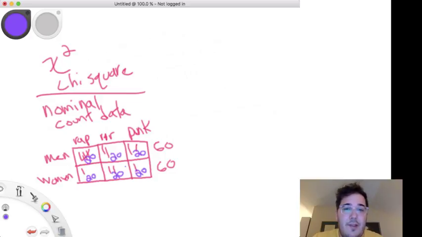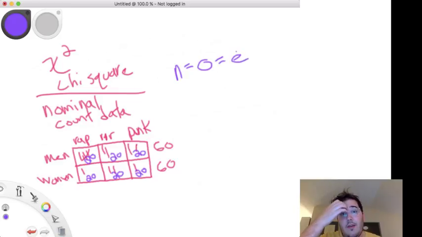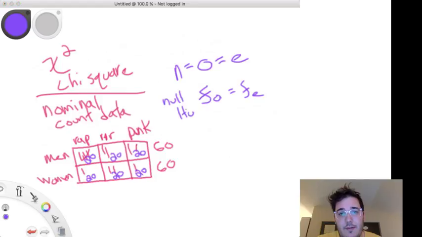So the null here is observed data equals expected. Or actually, it's the frequency of observed equals the frequency of expected, that is the null, or H0. So see how it's different from doing a t-test or a z-test where you're comparing means.